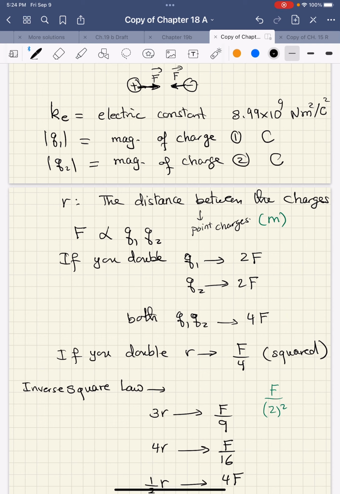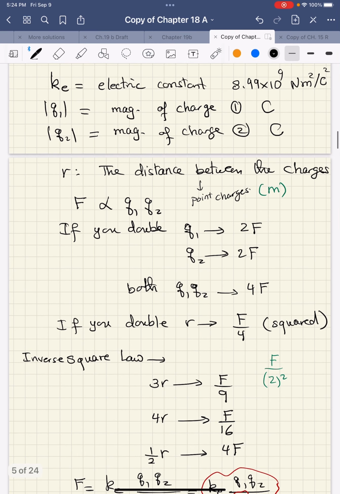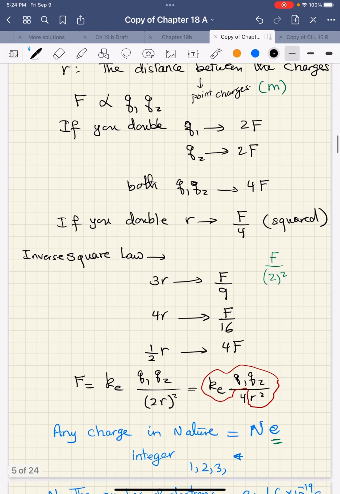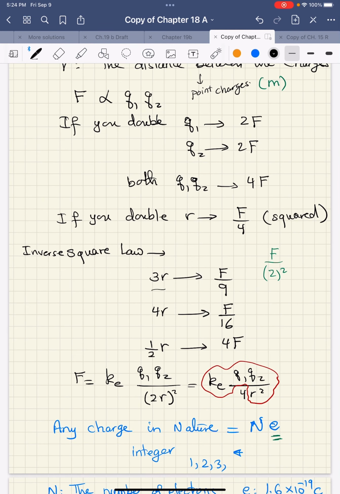But if you double both, you're going to get 4 times F. If you double R, now R is a different story. Increase in R will make F decrease. If we double R, we're going to get 1/4 of the force. And if we triple the distance between the two charges, the force will drop to 1/9.